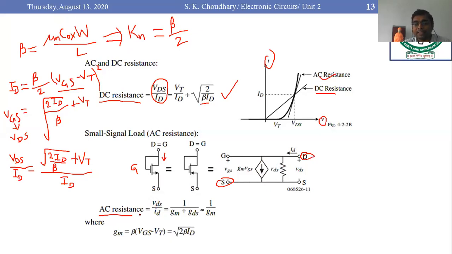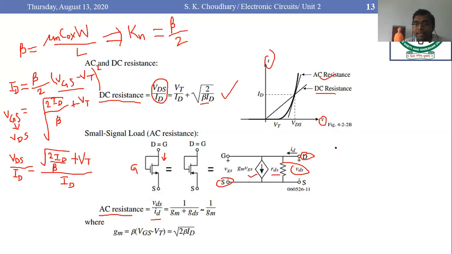So what is the AC resistance? Output voltage VDS upon ID. If you see this small signal equivalent circuit, it is very much clear that these two resistances are present only: RDS and the resistance offered by this dependent current source, that is gm, transconductance you can say.